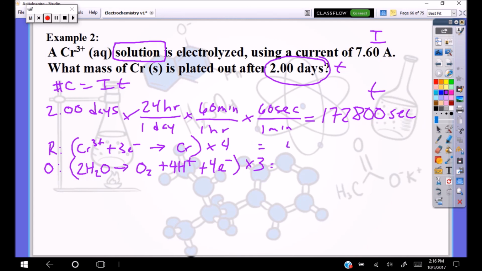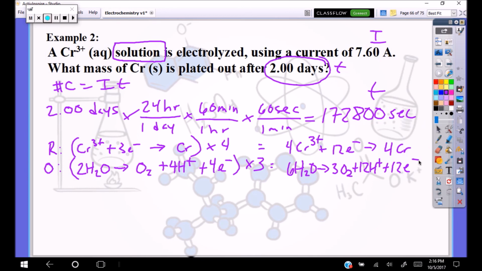We should get 4 Cr3+ plus 12 electrons, and we get 4 Cr. And then with our balanced equation, we get 6 H2O, 3 O2, 12 H+, and 12 electrons. So we have 12 moles of electrons in this reaction.